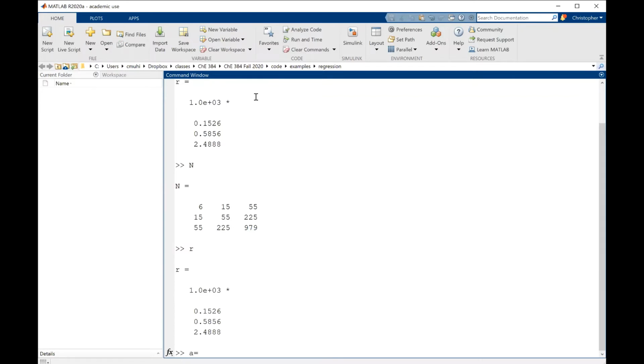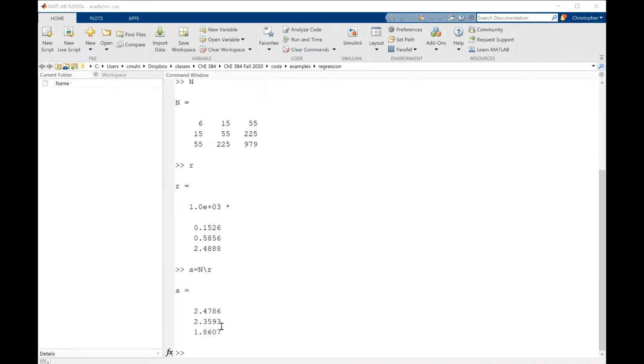We can then say that my a values are n back divided by r, right? So when I hit enter, we have these values that are popping up. And so these different values are showing a0, a1, and a2.